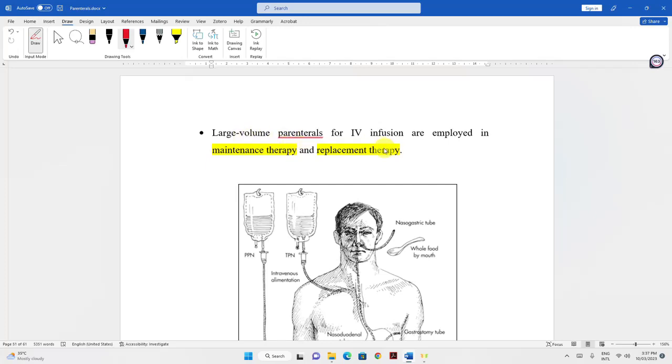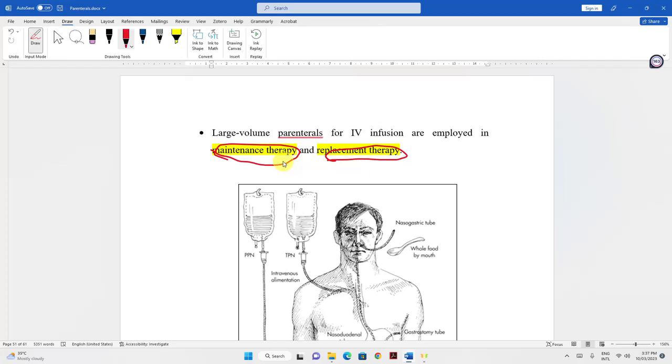Now, parenteral nutritions are employed for maintenance therapy or replacement therapy. Replacement therapy is more severe, which means that your body is lacking something and you are trying to replace what is lost or what is not there.